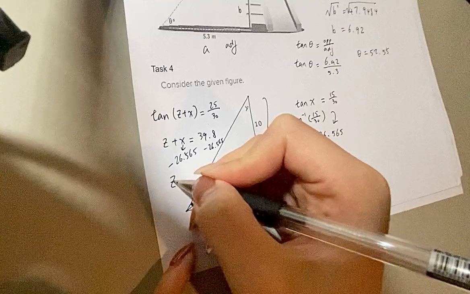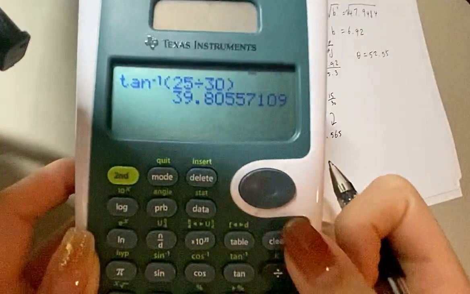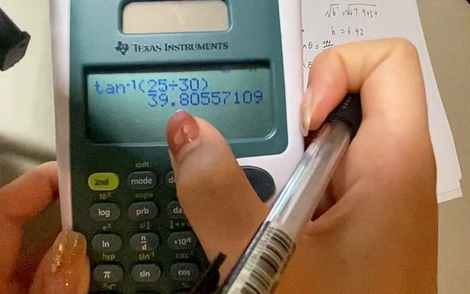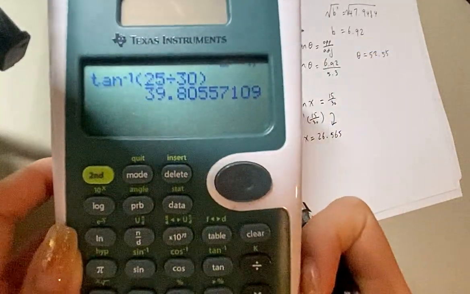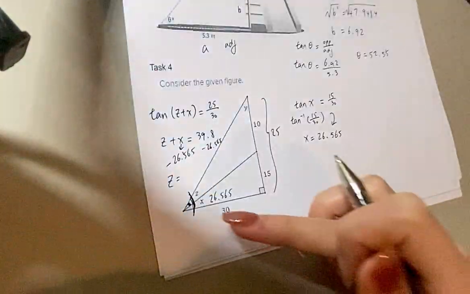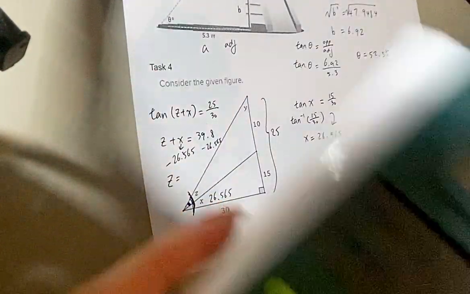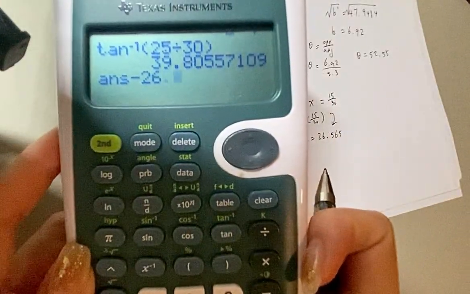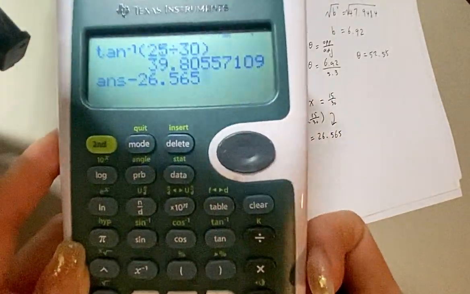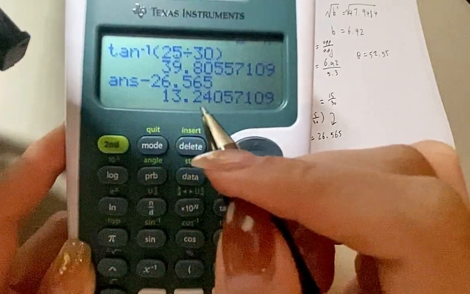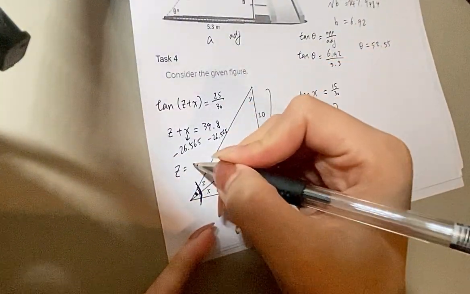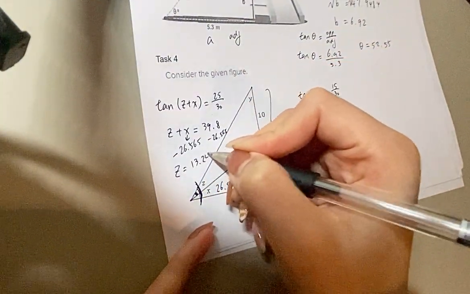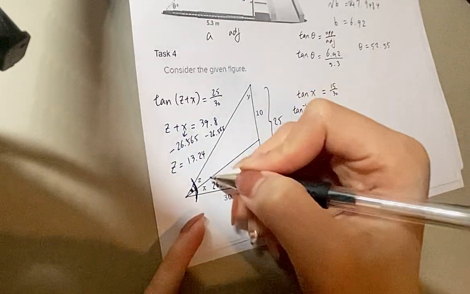So we would get z equals this number right here. So it would be this 39.8 minus 26.565. That gives us 13.24. So z equals 13.24.